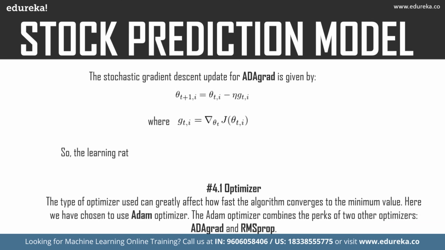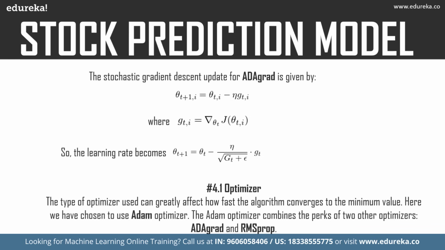Now, there are a few great algorithms, but I have chosen to use the Adam optimizer, which combines the perks of the AdaGrad and the RMSprop optimizers. Now, the AdaGrad optimizer essentially uses a different learning rate for every parameter and every step. The reasoning behind it is that the parameters that are infrequent must have larger learning rates, while parameters that are frequent must have smaller learning rates.